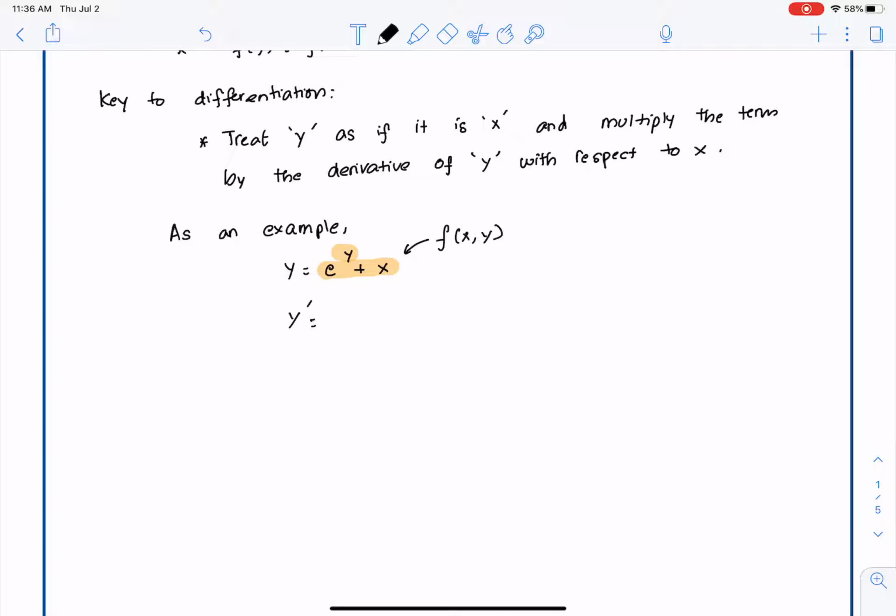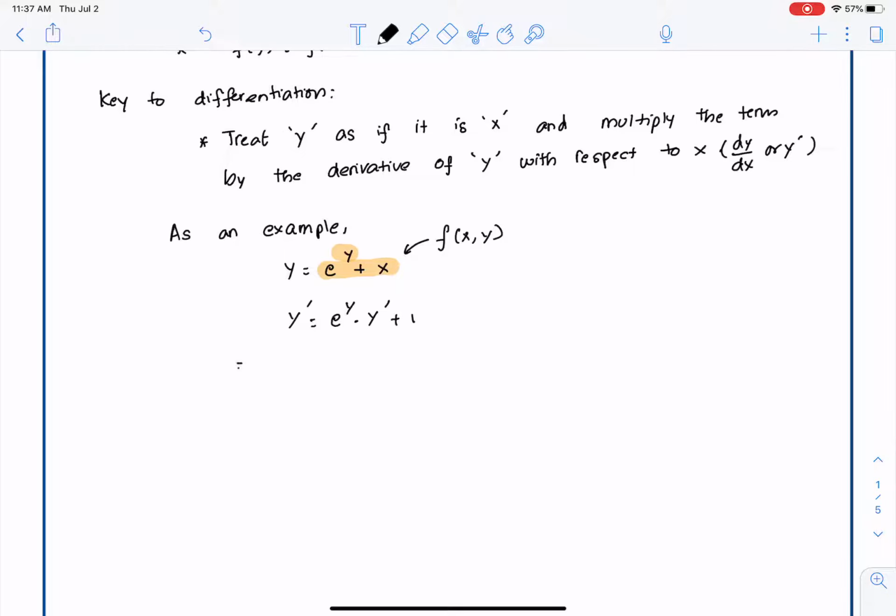So the first term, I'm going to treat the y just as x. So what is the derivative of e raised y? It's simply e raised y, but I multiply it by y prime, which is dy over dx, or y prime. And the derivative of x is simply 1.